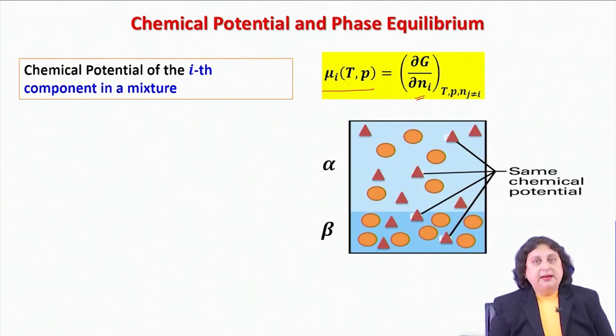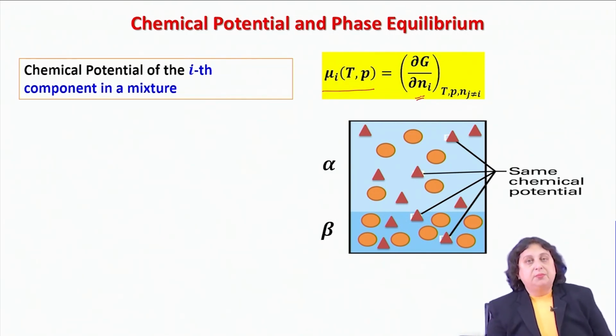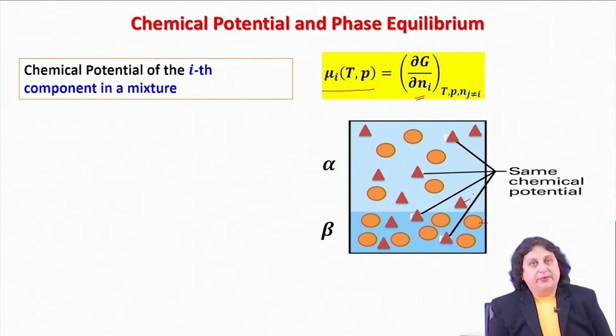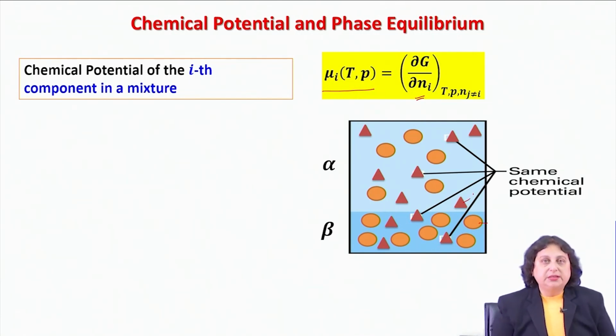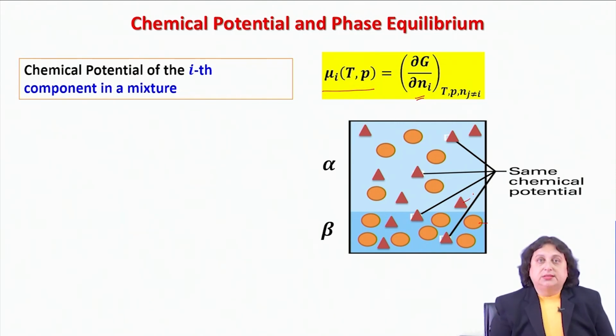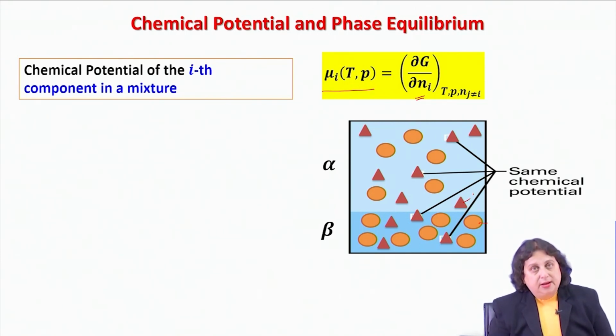And now let us have a pictorial representation of what I mean by a phase equilibrium in a mixture like this. So let me consider a binary mixture of these orange balls and these red triangles, so my components A and B. The mixture at a given temperature and pressure can exist in two phases.